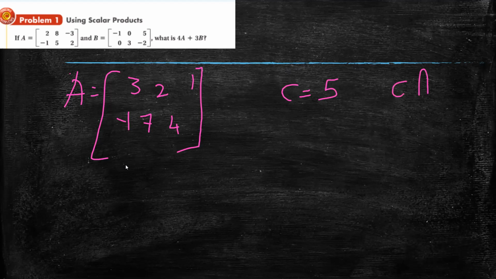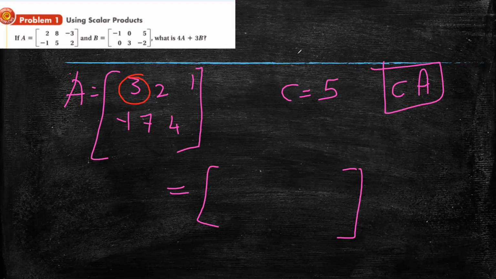Find C times A. Here you have to multiply 5 by the matrix A. What do you have to do? You now have to multiply this number 5 by the first element 3, where 5 times 3 is 15.